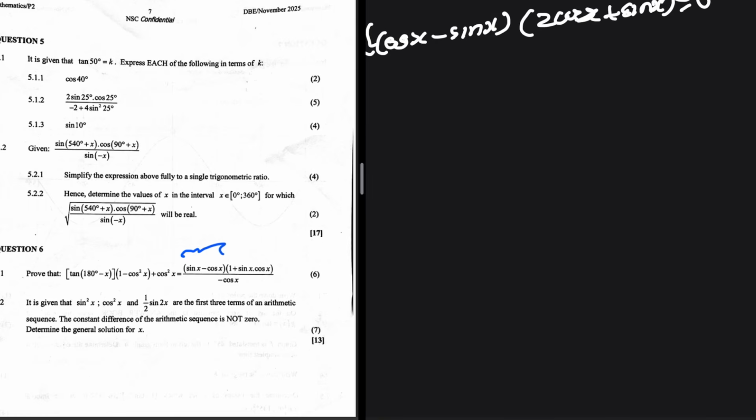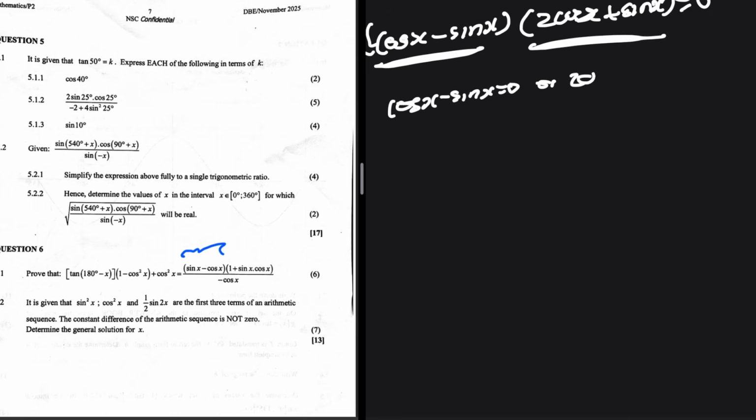And now I'm going to have this bracket being equal to 0 or this bracket being equal to 0, just how you solve it when you're solving for x. So I will have cos x minus sine x being equal to 0, or 2 cos x plus sine x being equal to 0.